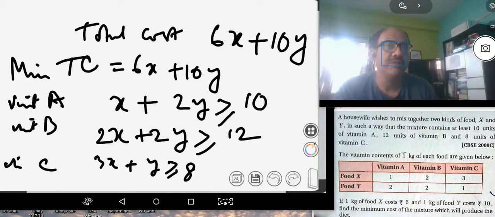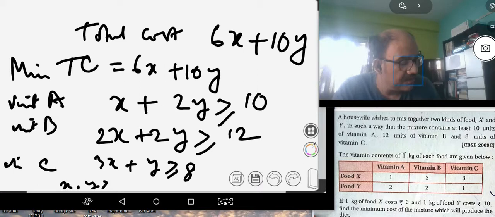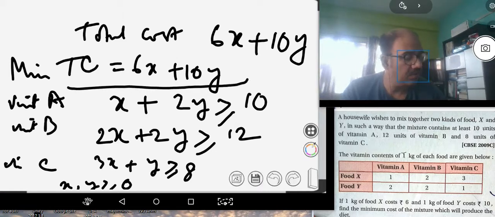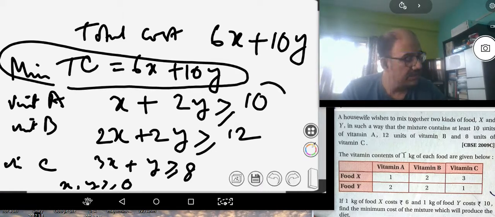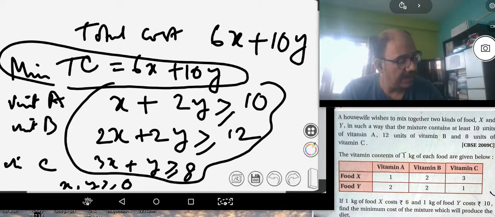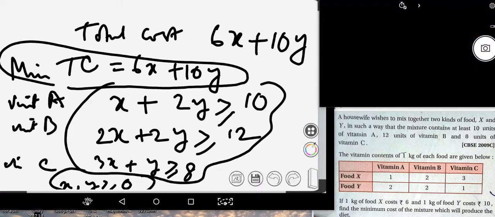And obviously, as I have said, there is the non-negativity restriction, so x and y must be greater than or equal to 0. So these three are my constraints, this is the objective function, and we have the non-negativity restriction.